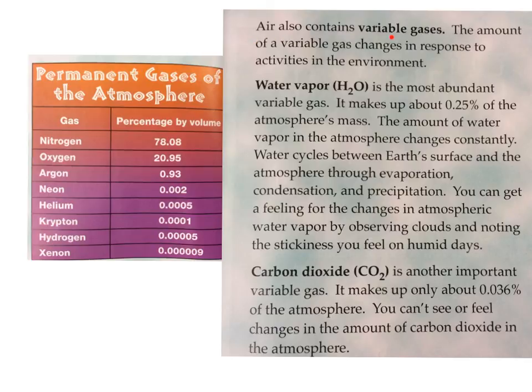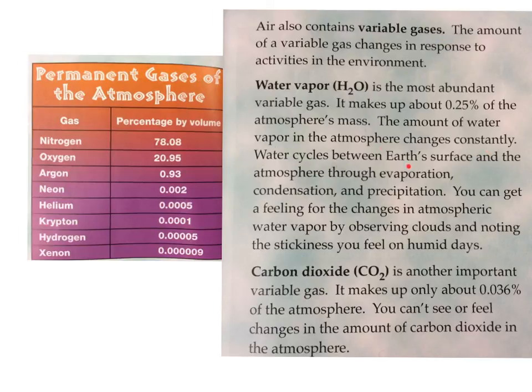Air also contains variable gases. The amount of a variable gas changes in response to activities in the environment. Water vapor, H2O, is the most abundant variable gas. It makes up about 0.25% of the atmosphere's mass. The amount of water vapor in the atmosphere changes constantly.